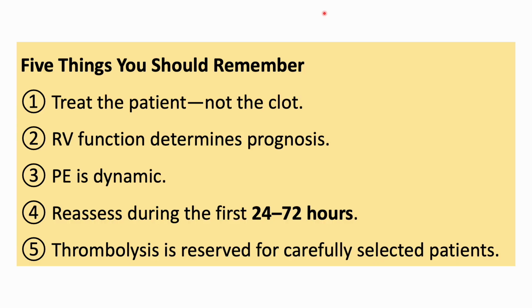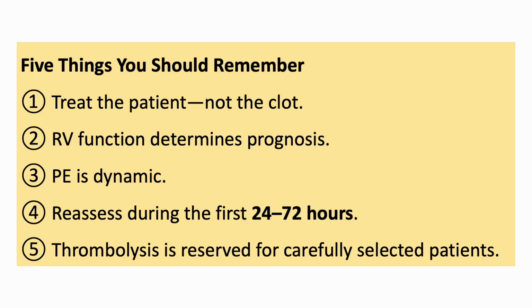So while Mrs. Mehta has survived her acute PE, is she finished with the treatment? In episode 3, we'll answer the next crucial question. We'll answer for how long she needs anticoagulation, who needs lifelong therapy, and how do we detect chronic thromboembolic pulmonary hypertension.